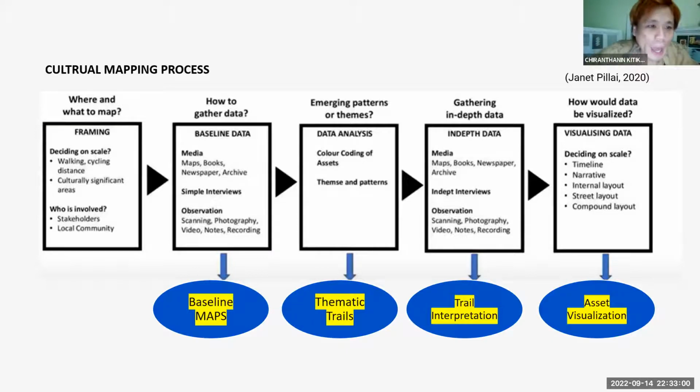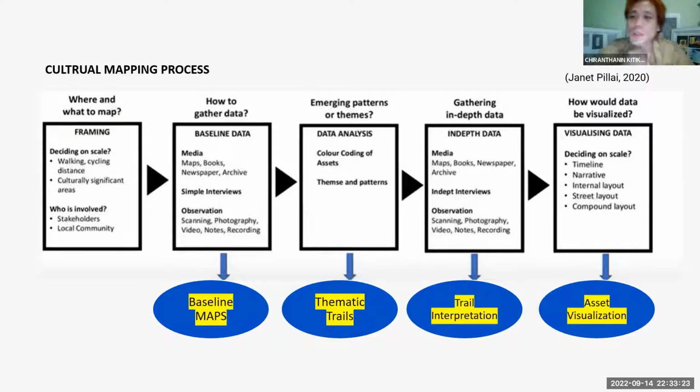The first one, you have to set what and where first. So sometimes it comes up with what you want to study, right? Maybe the gathering area, maybe the reading culture of people, or maybe public space, right? The public space. You set the topic of what to map, and then you will find where.